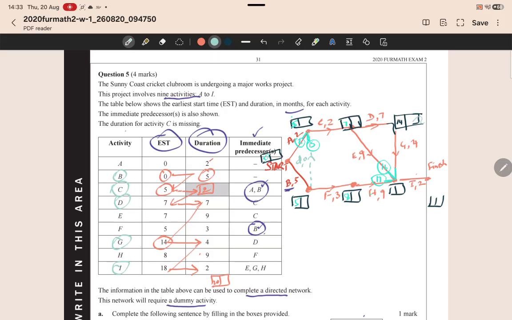And 14 plus 4 is 18. And of all these 3 values, the largest value is 18. And so I'll write 18 in this box. Now going along I, 18 plus 2 is 20.